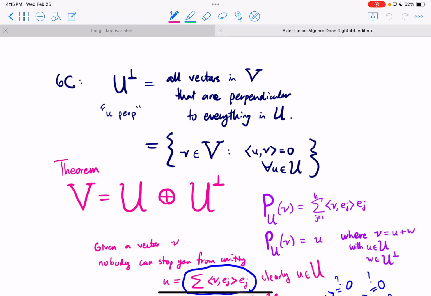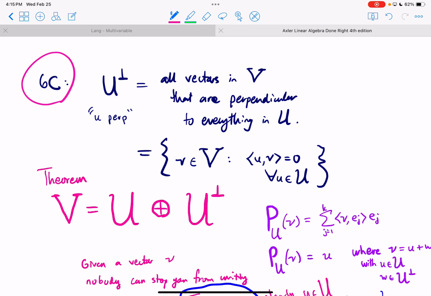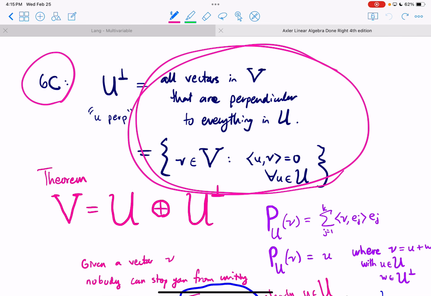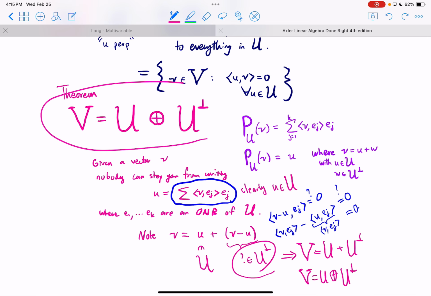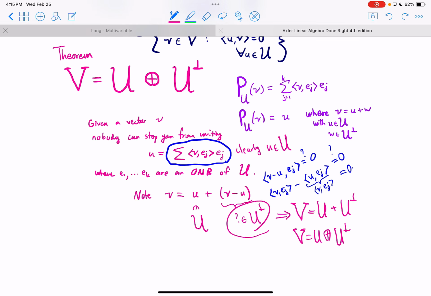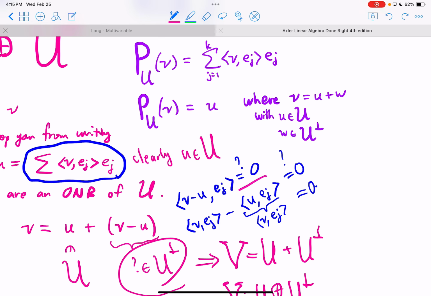But the key parts of 6C are this U-perp, really understanding this definition. You should be able to prove this. It's important enough to prove, and inside of the proof is an explicit formula for that projection operator. We also did the trick that I said comes up a lot.